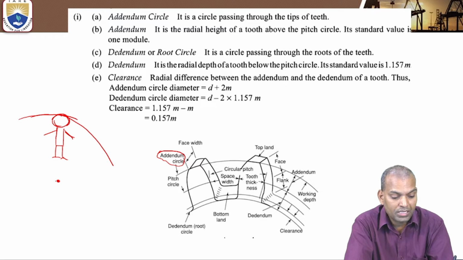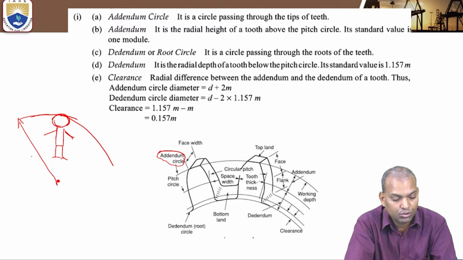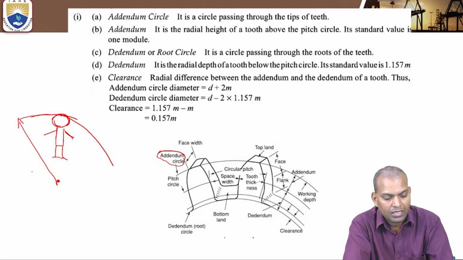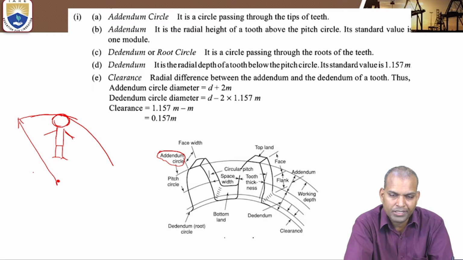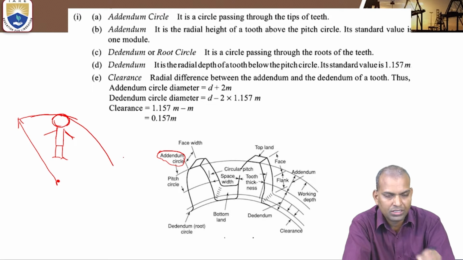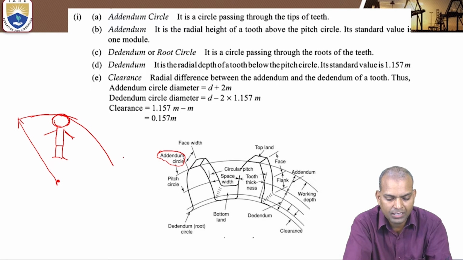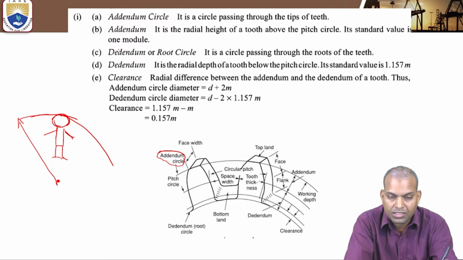The circle passing through the head of the person, or the top surface or tip of the teeth, is known as the addendum circle. That radius is known as the addendum radius. That is the addendum circle.